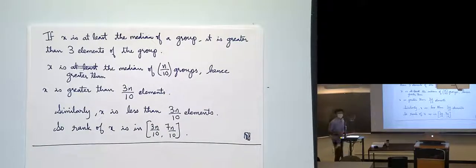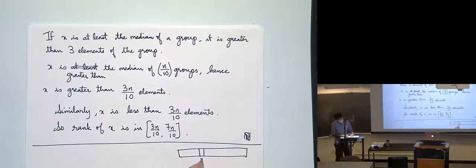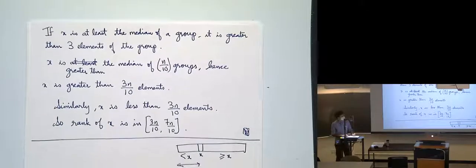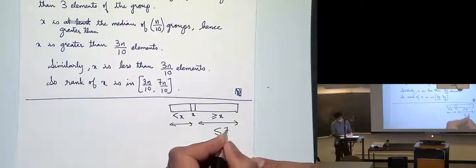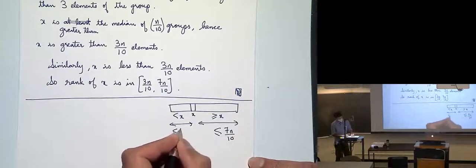So this seems like a reasonable split to make. So when we do the partition, we know that both of those are at most 7n over 10.